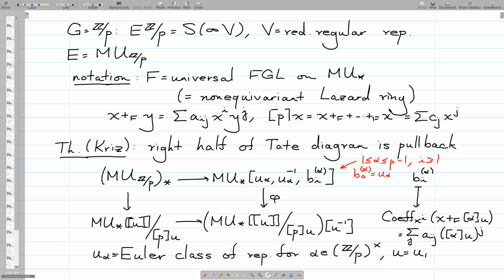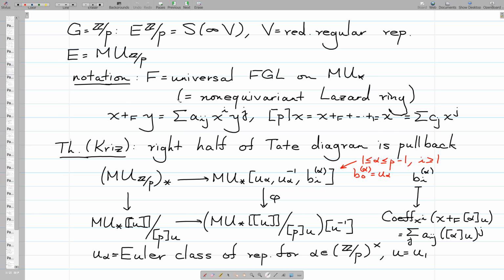So this is a power series in x and U, and you just take the part that has x^i, where x has exponent i. In other words, you can also write it out in terms of the coefficients of the universal formal group law.